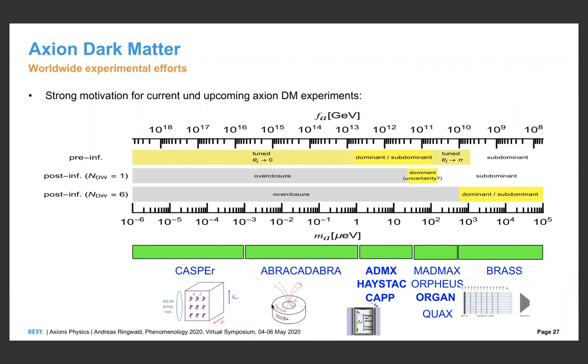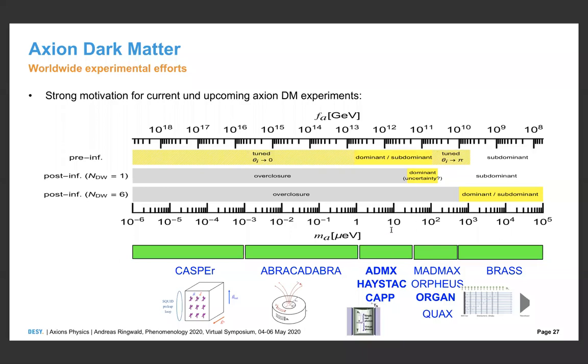And just in the recent few years, there has been a lot of excitement and a lot of new players in axion experiments, which use very different techniques from nuclear magnetic resonance techniques like CASPEr, which directly looks for oscillating electric dipole moments, like ABRACADABRA, which is using a superconducting ring experiment.